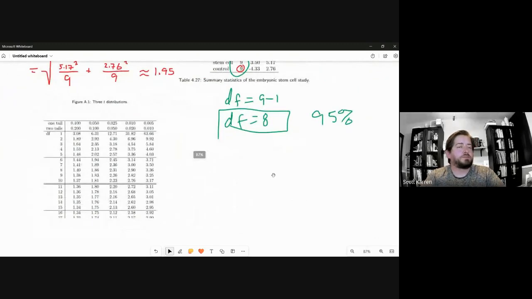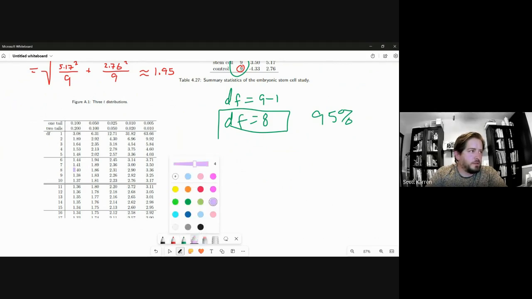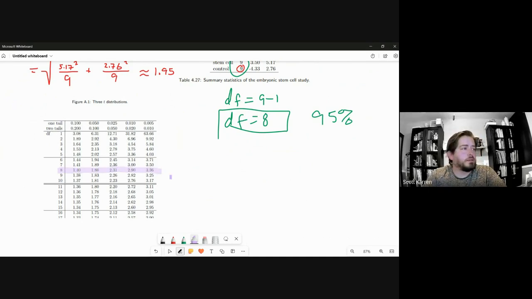All right. Our degrees of freedom are 8. Let me get that highlighted there.